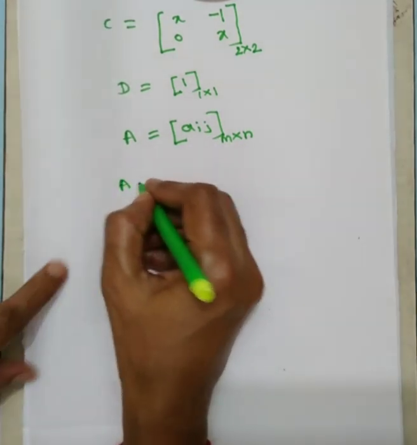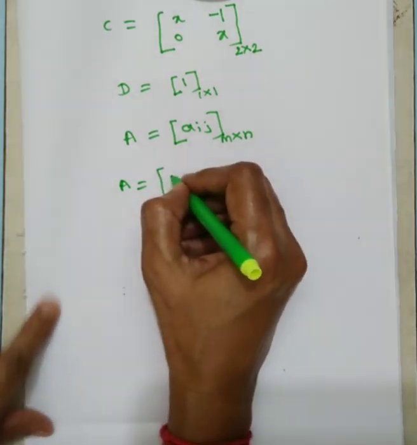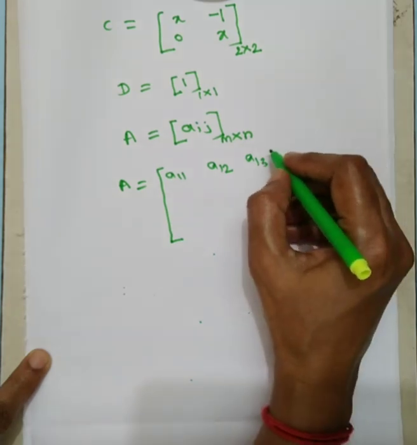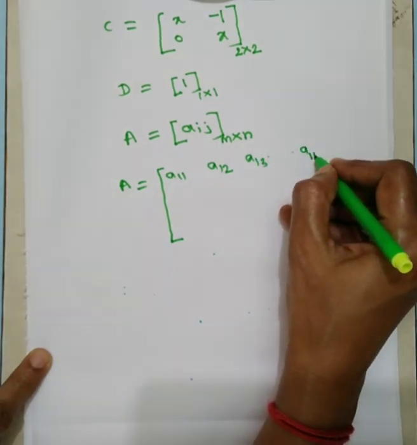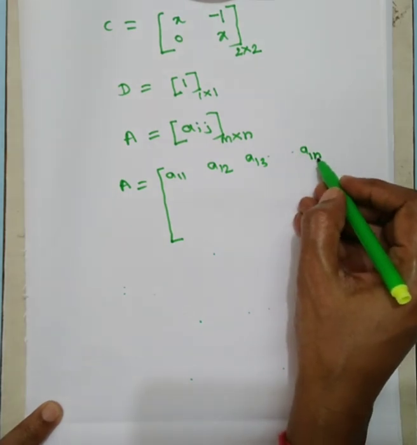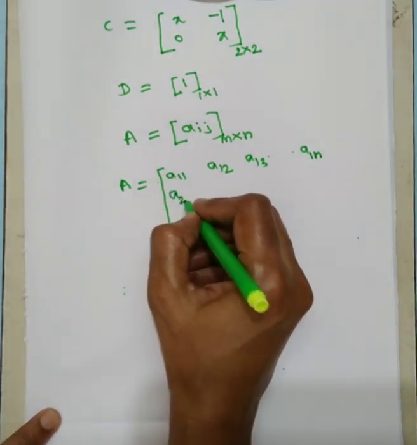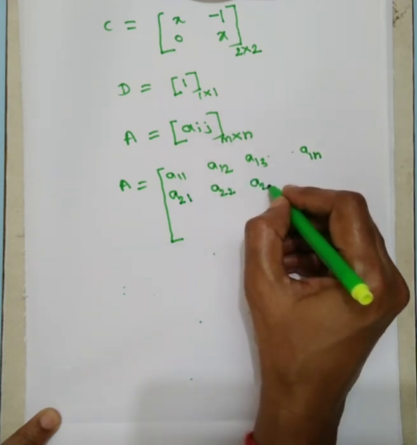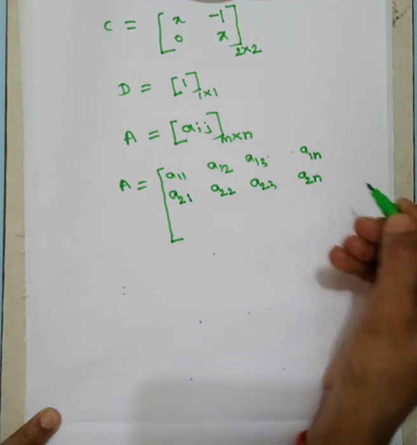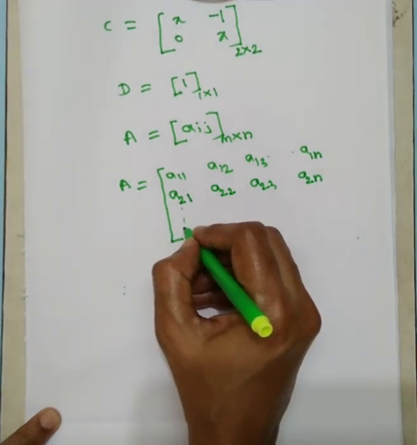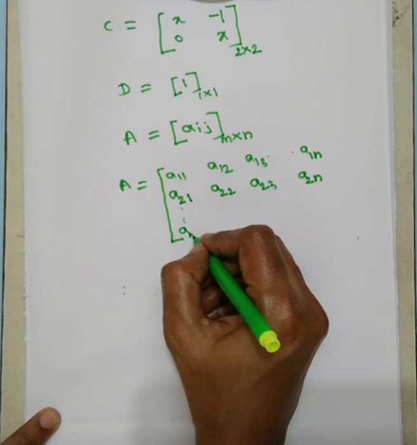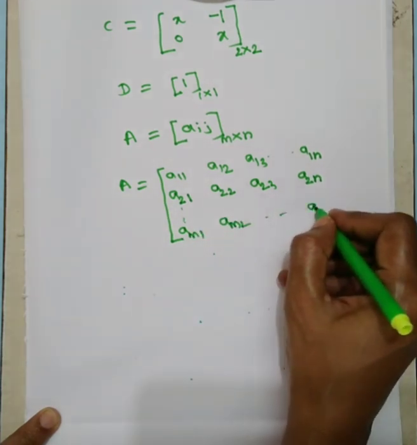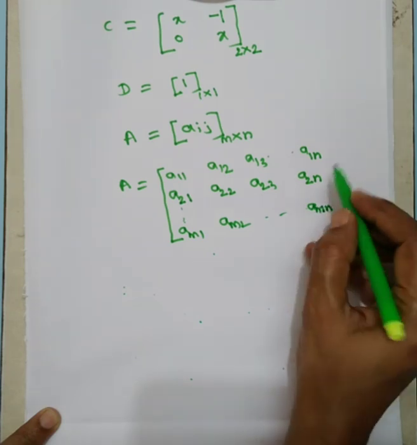A is equal to A11, A12, A13 and so on up to A1n, because this is the first row and nth column. Similarly, second row, first column, second row, second column and so on up to second row, nth column. Similarly, we write mth row, first column, mth row, second column and so on up to mth row and nth column.